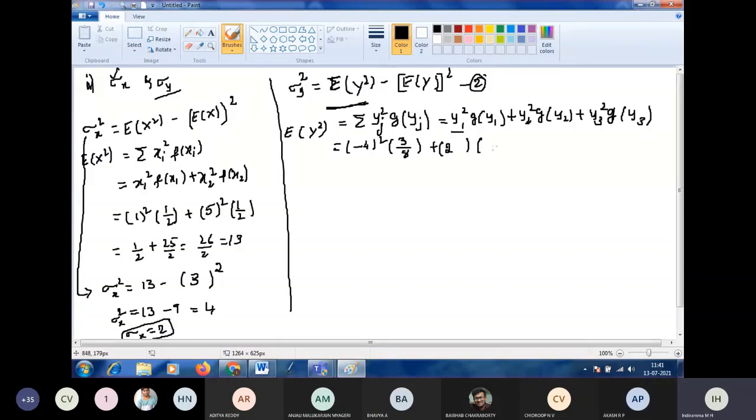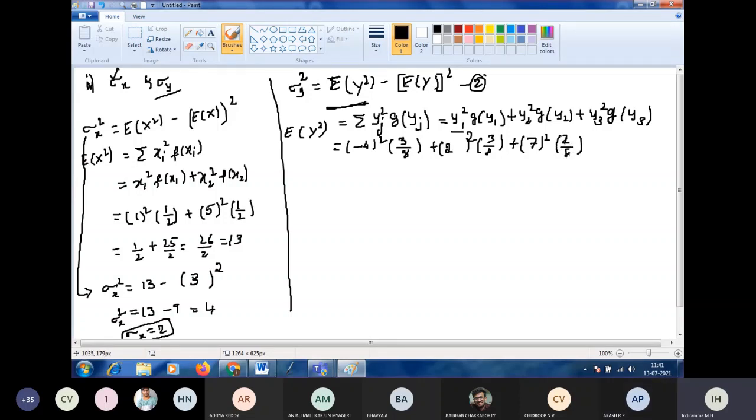What is g of y2? 3/8. Y2 square we should do. Okay. What is y3? 7. 7 square. What is g of y3? 2/8.